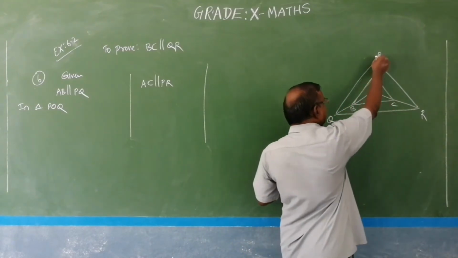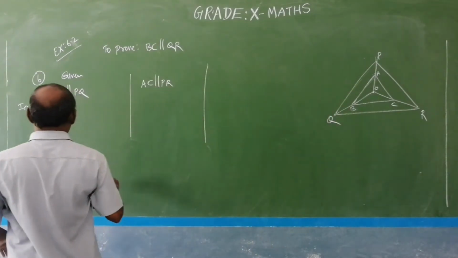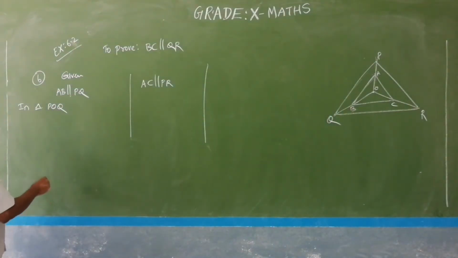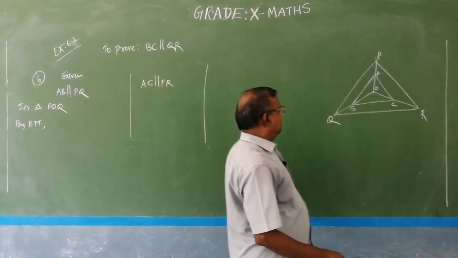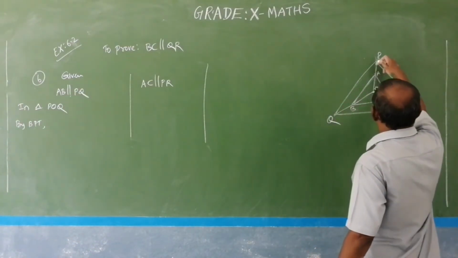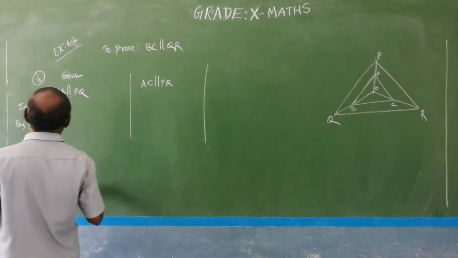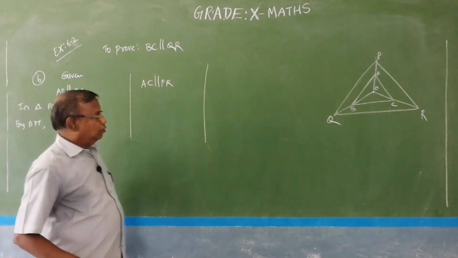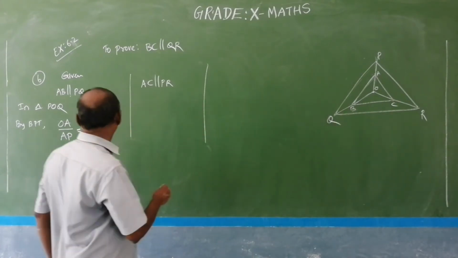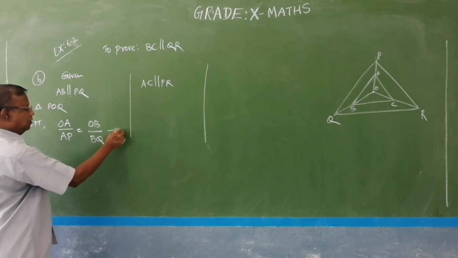In which AB is parallel to PQ. So by basic proportionality theorem BPT, we have OA by AP equal to OB by BQ. Say this is one.